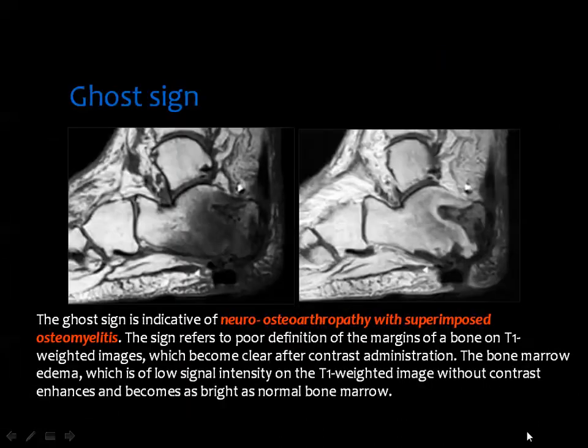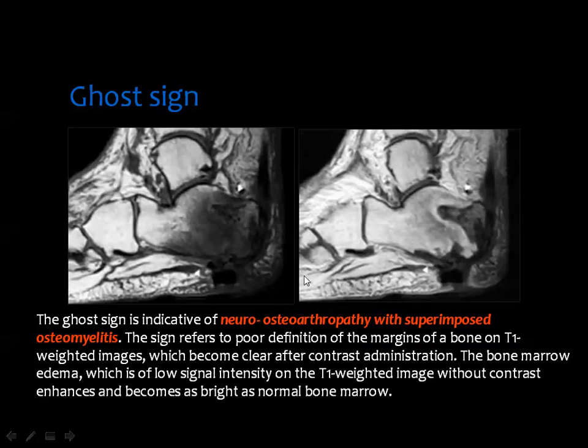Then you come to what's known as the ghost sign, and ghost sign is an indication of the presence of neuro-osteoarthropathy with superadded osteomyelitis. The sign means that you cannot see the margins of the bony lesions in the T1 weighted image, but you can see the margins clear after injection of contrast material.